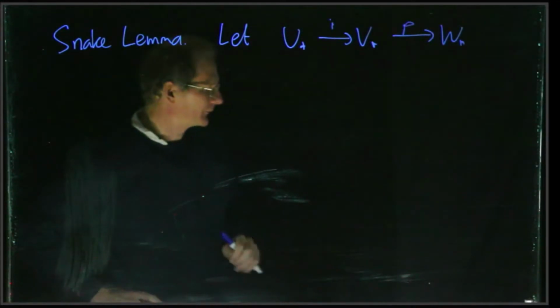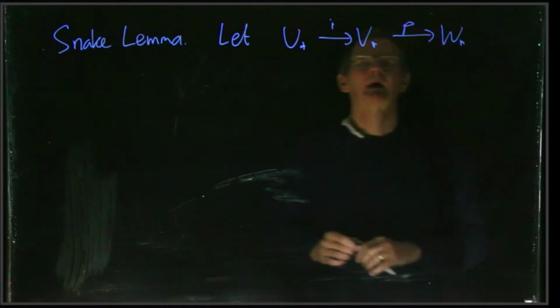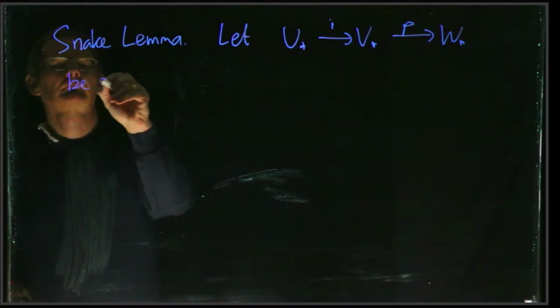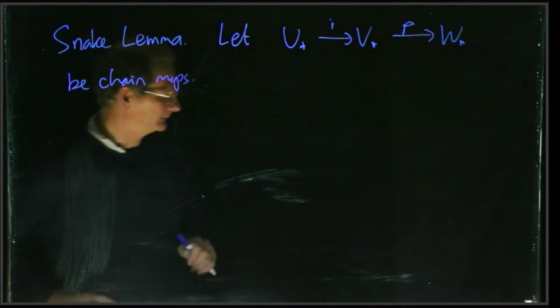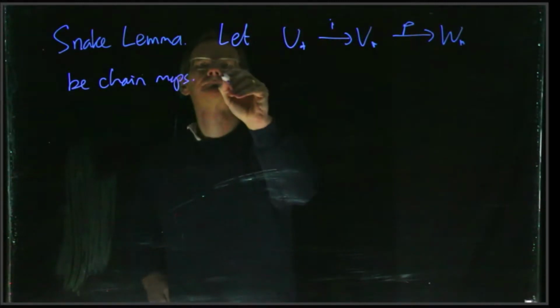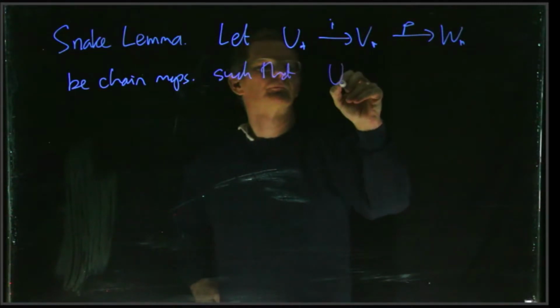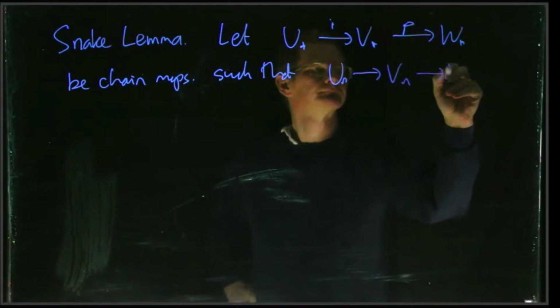So we're going to suppose we've got some chain complexes, U star, V star, W star, and some chain maps, I and P between them. And I'm going to assume that they give me a short exact sequence in each degree.